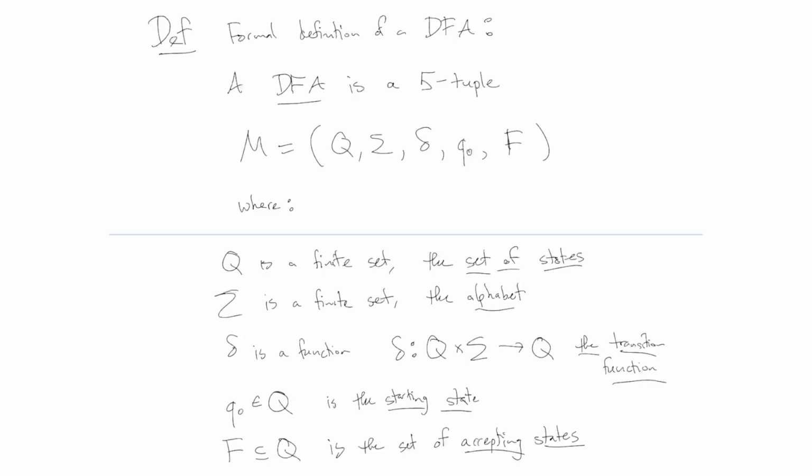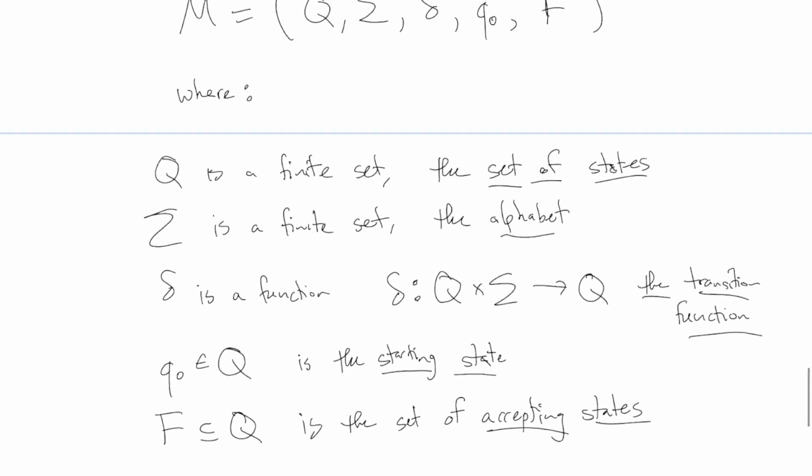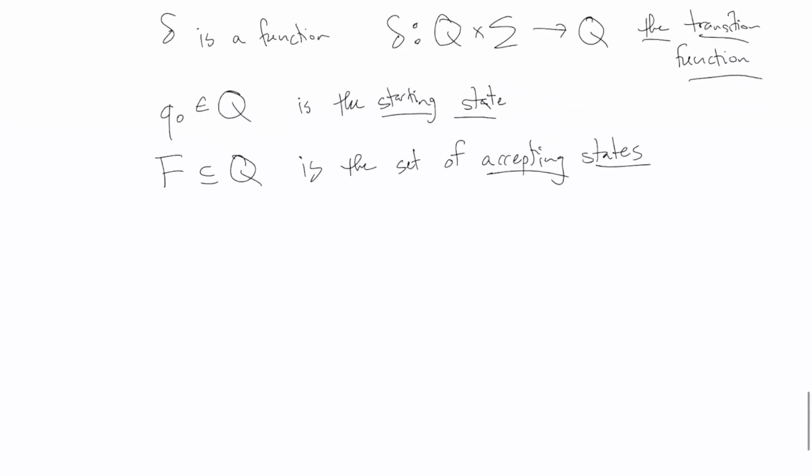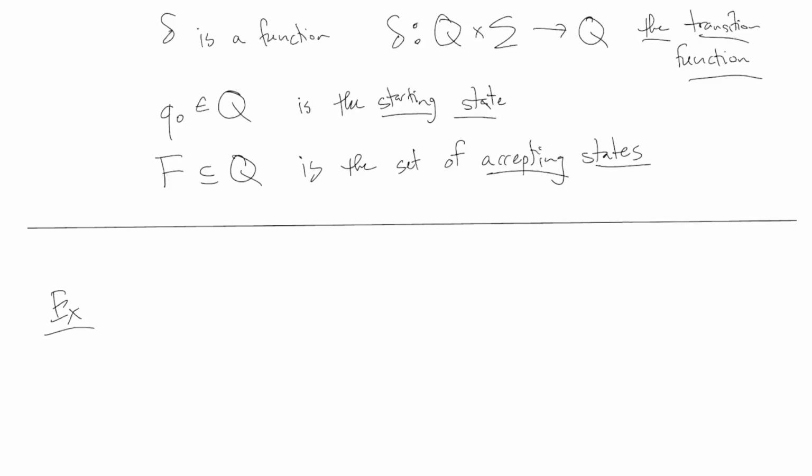Let's just try one example just to clarify what all of this business is supposed to mean. I will draw the picture of a DFA, and then let's try to write down its corresponding abstract sort of formal object. So, for example, how about that same DFA that I was talking about a few moments ago? This one. Now, I'm going to give names to these states. I'll call them S1, S2, S3.